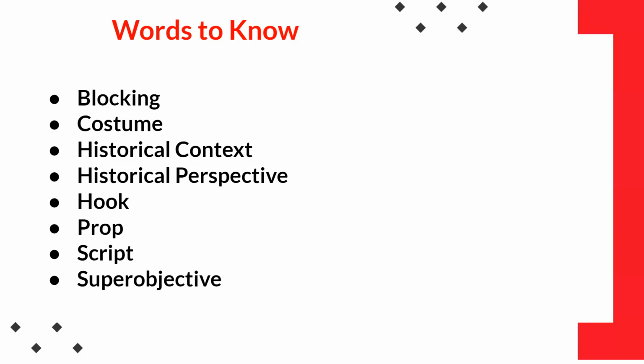Historical context. When you're writing your script or you're working on your outline, make sure that you are including the historical context of that time that you're focusing on for your theme and your turning point. When you are writing your script, you want to make sure you are including historical perspective. Whose perspective? Let's say you're going to pick a turning point that's a battle, and you want to do your presentation on a very specific turning point battle.